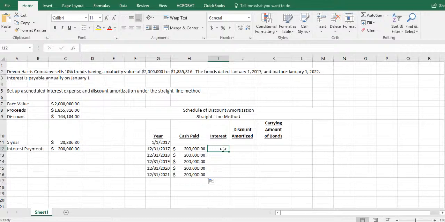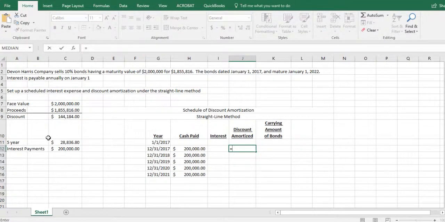Our interest expense on this is going to depend on how much we pay out and how much we have amortized. Because this is straight line amortization, it will also always be the same. We are not running on the carrying amount.